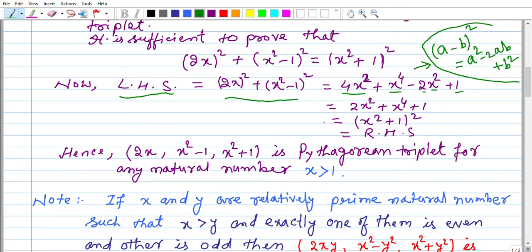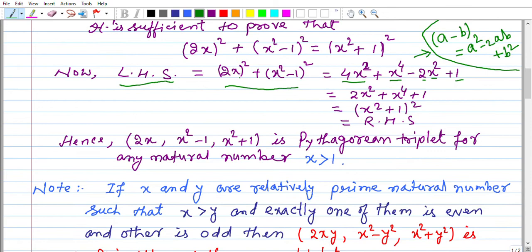For note, I have written here, if x and y are relatively prime natural numbers such that x is greater than y, somewhere it is taken as m, n or p, q, so we can take any variables.